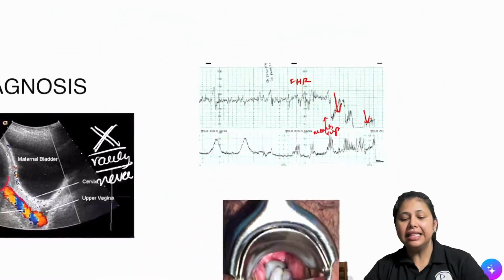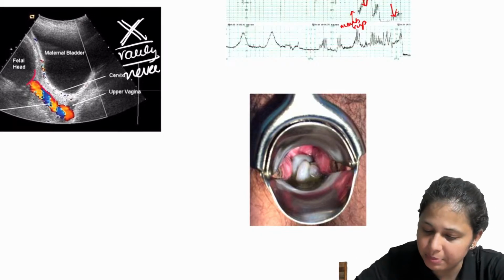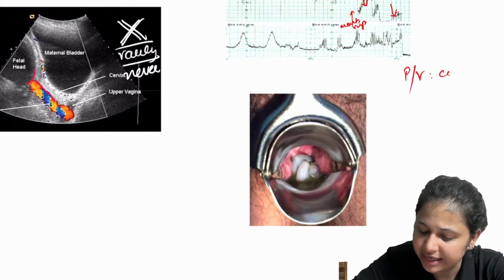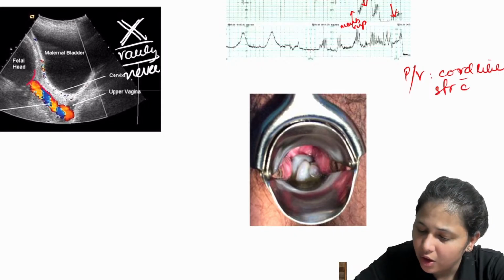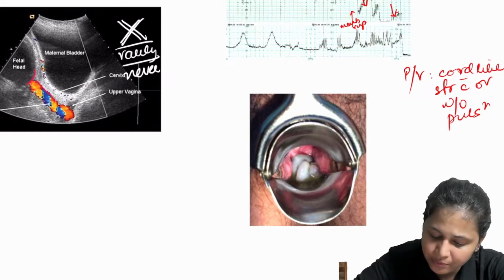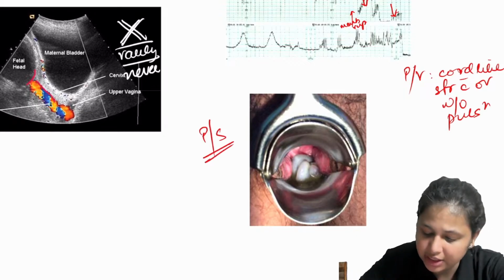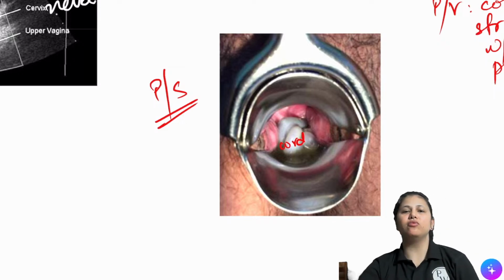Is that clear? The other thing that you might feel is when you do the per vaginal examination, you might find a cord-like structure with or without pulsations. And when you do a per speculum examination, what you see is the cord lying outside of the cervix.